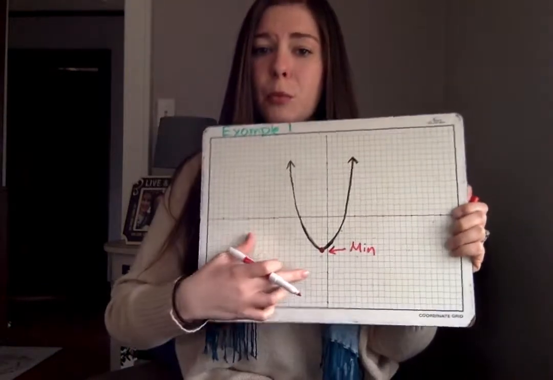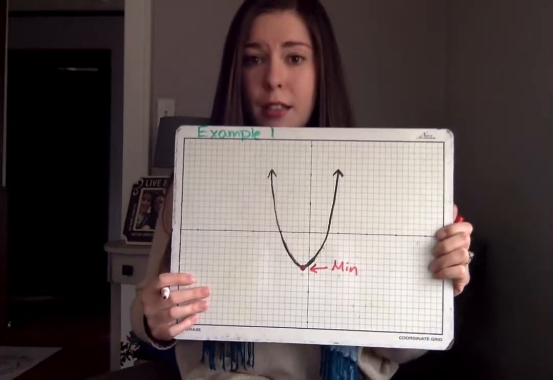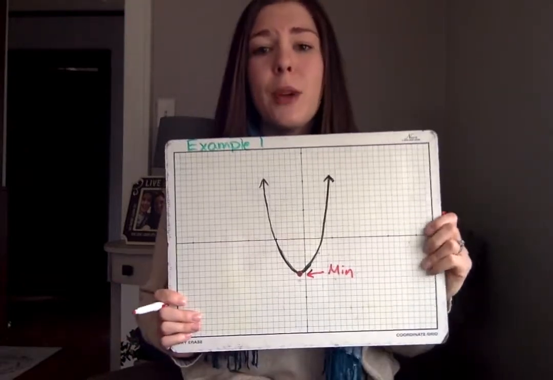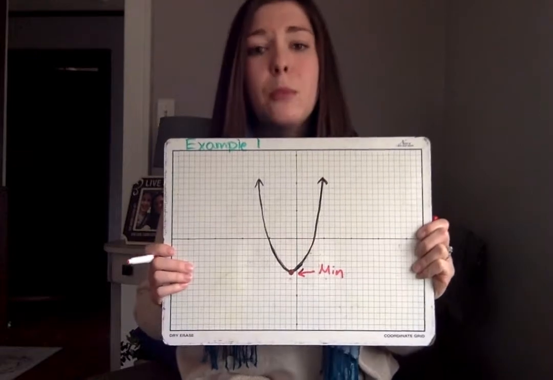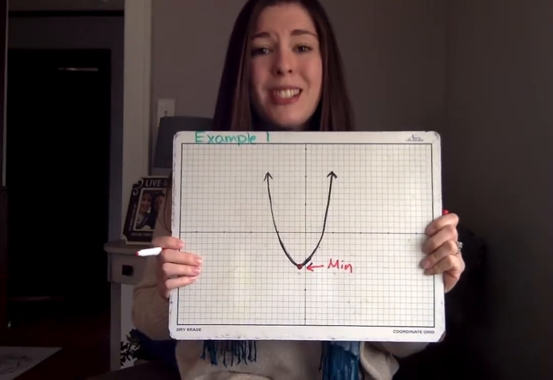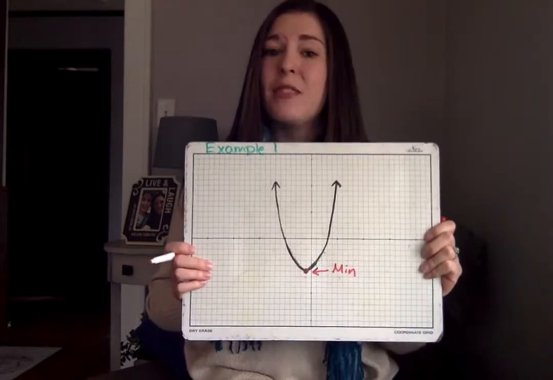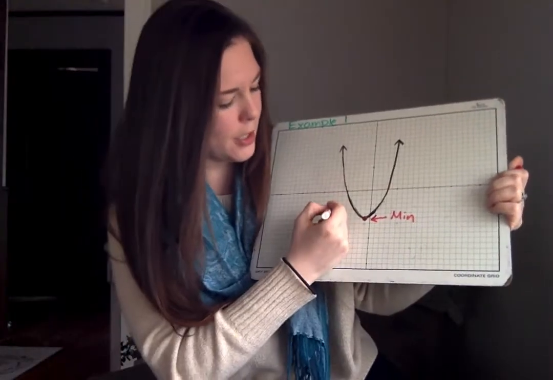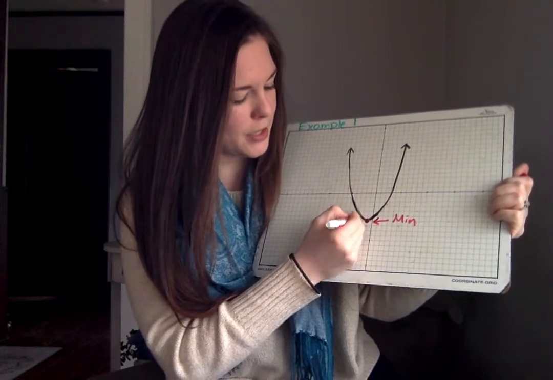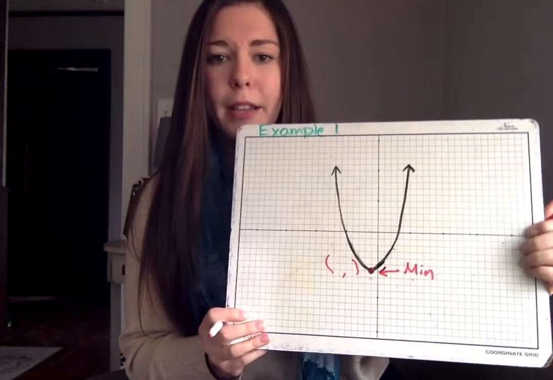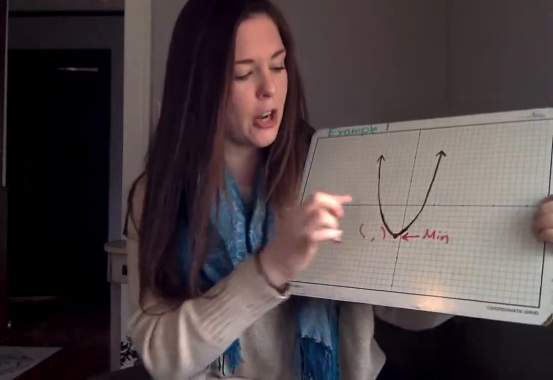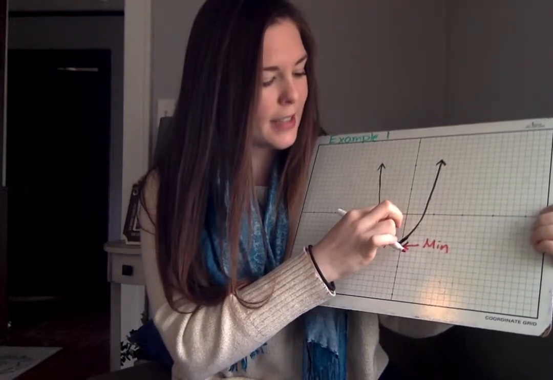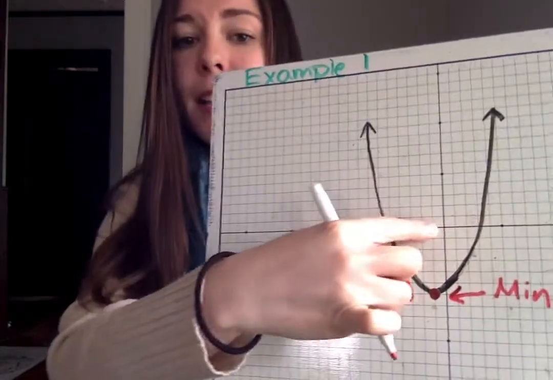Specifically, this middle point is what we call the vertex. Okay, and the vertex of a graph is just exactly that. It's the middle point. However, to name the vertex, you have to actually give me the ordered pair of that point. So remember that your vertex has to come as an ordered pair, x comma y. We're going to look at our x value. On our x-axis, it looks like it's at -1.